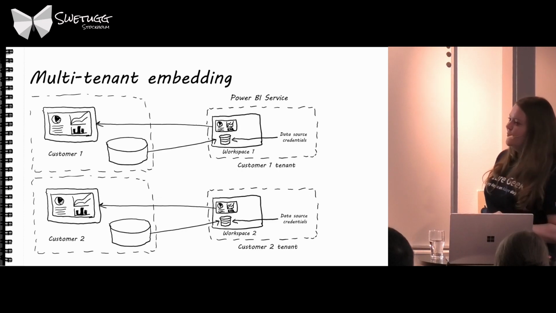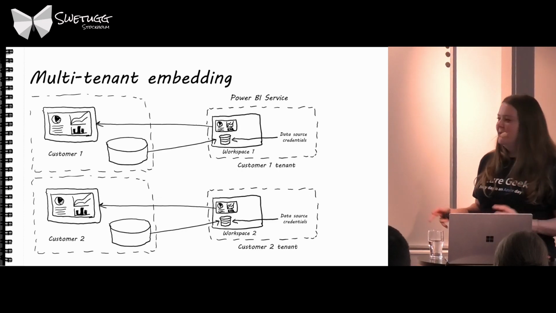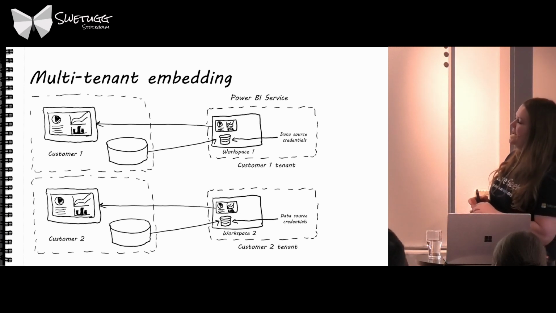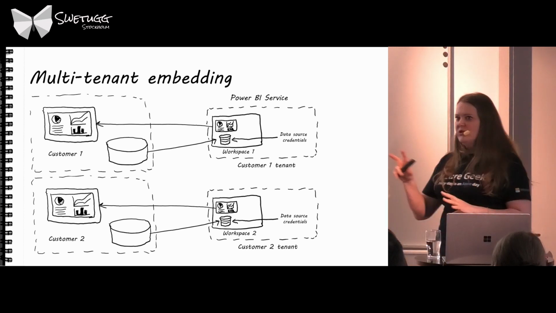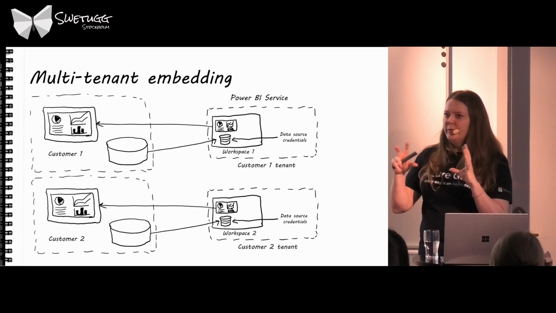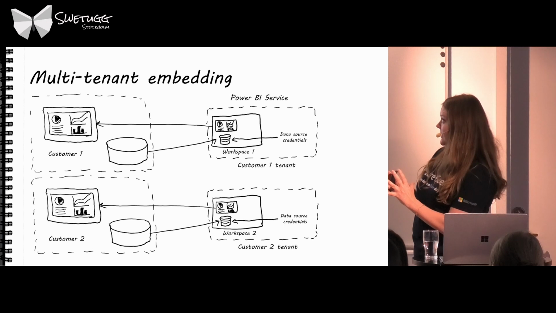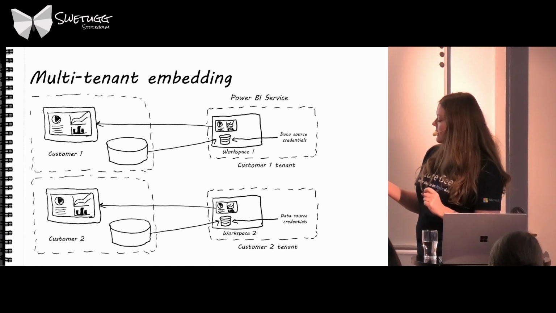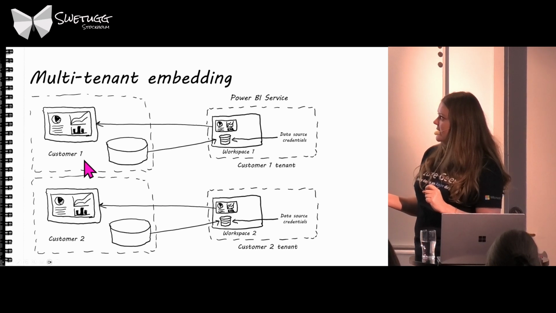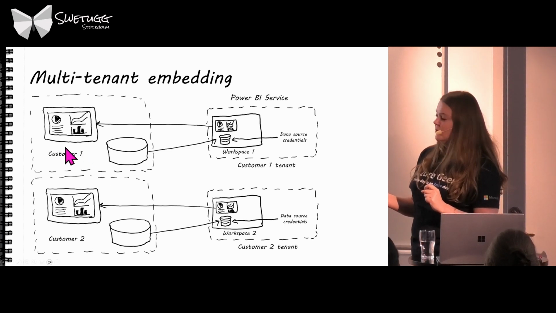If we talk about more advanced scenarios, this is really very advanced. We talk about multi-tenant embedding, and this has nothing to do with Azure Active Directory tenants. Here we talk about Power BI tenants, where you create a workspace for every customer, and customer in this case is an organization.